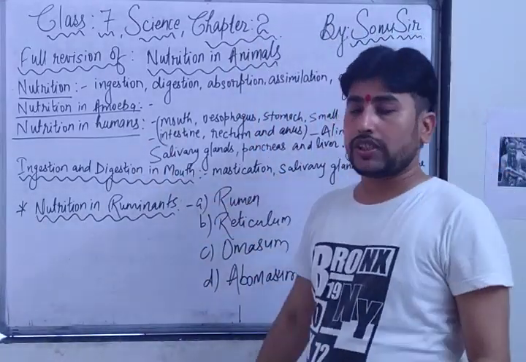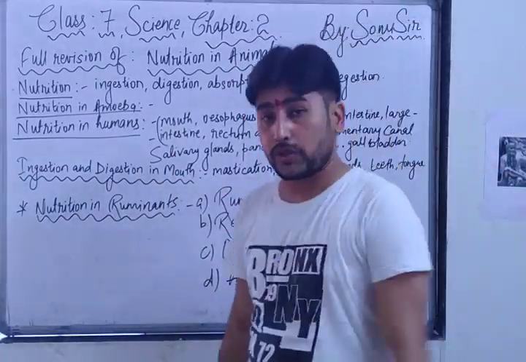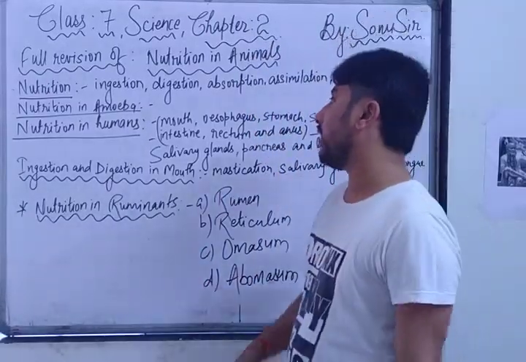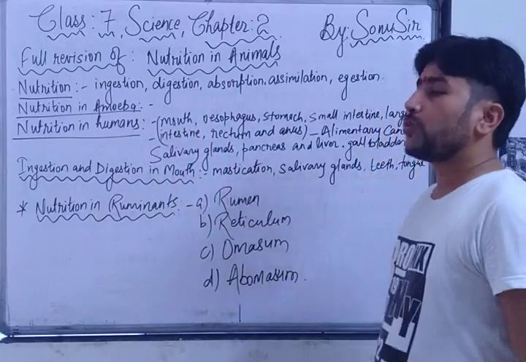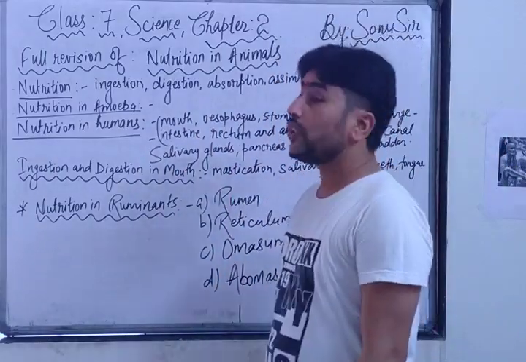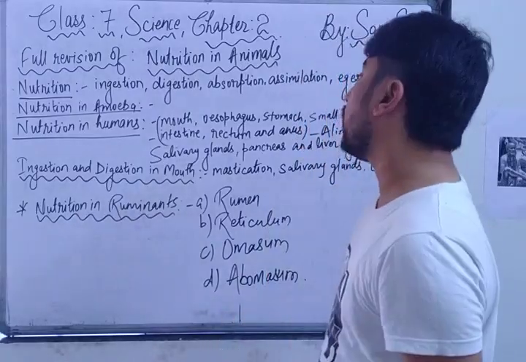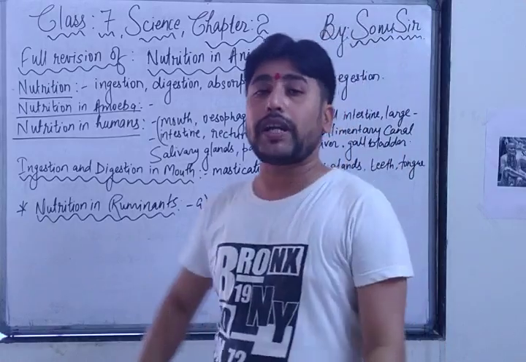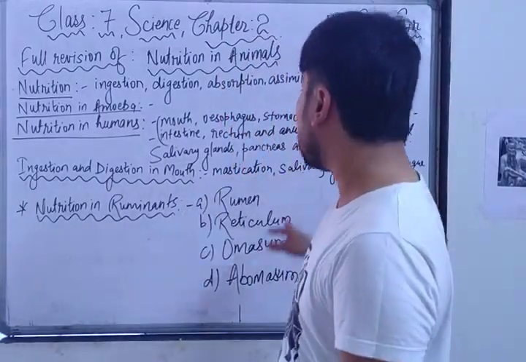Second is digestion. Digestion is the process by which complex food is broken down into small parts. Absorption: after breaking down the complex food, it releases the nutrients and gives nutrition to each and every part of the body. Assimilation spreads the nutrients to each and every cell of the body.